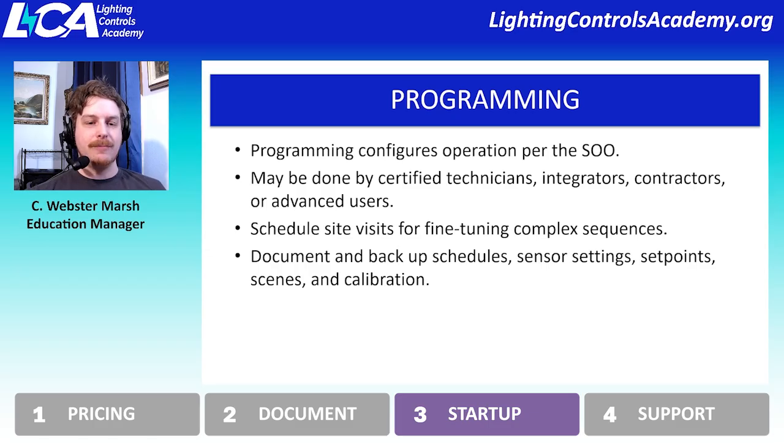So calibration for daylight sensors or set points for your scenes, all of that really should be documented thoroughly enough that, should something happen, the entire programming doesn't have to be redone with everybody on site again.